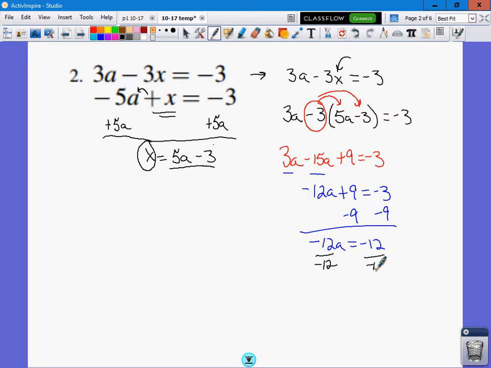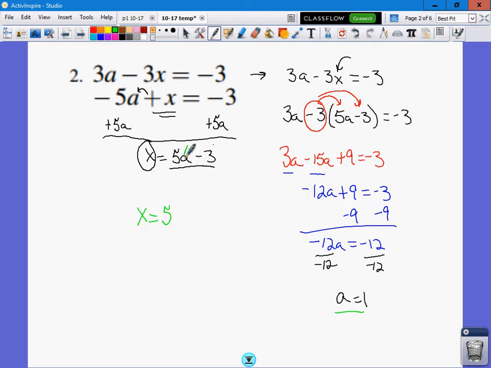Please make sure that if you have a negative coefficient that you're dividing by that negative coefficient, and that a negative divided by a negative would make a positive. So a is equal to 1. Would I be finished? No. What haven't I found yet? X. The nice thing about using substitution is this x is already by itself.